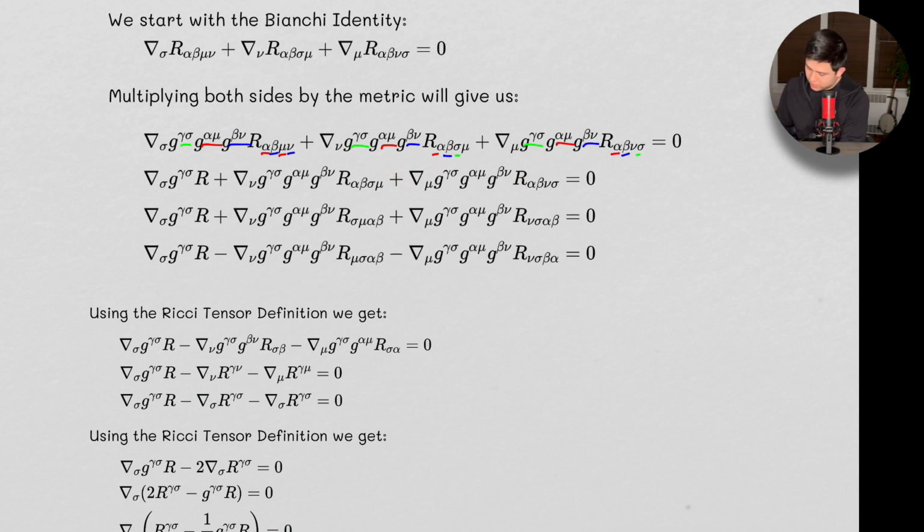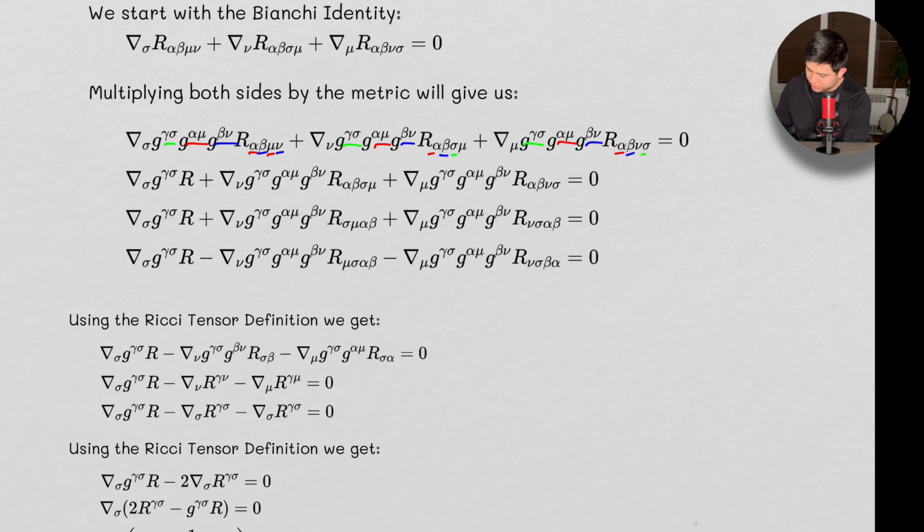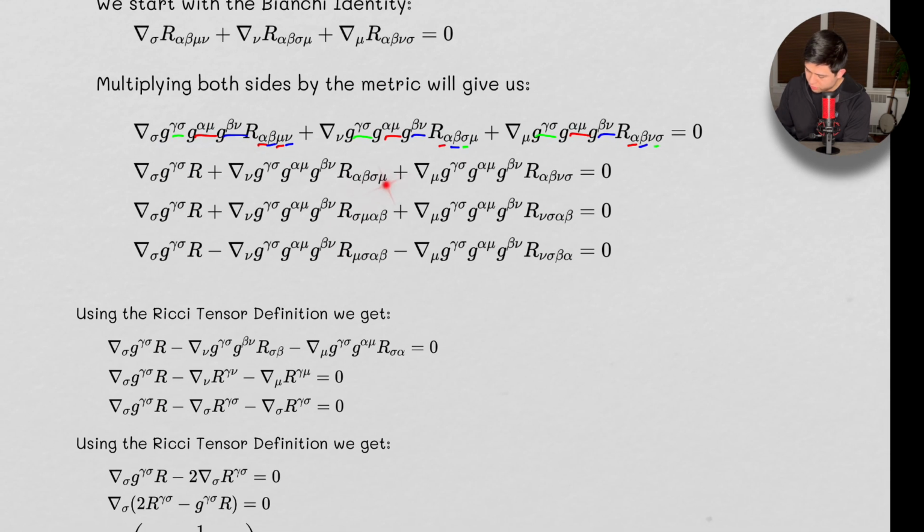Then mu alpha, so we're permuting indices here. We have mu, sigma mu, alpha, beta. Remember, that was a symmetric permutation.